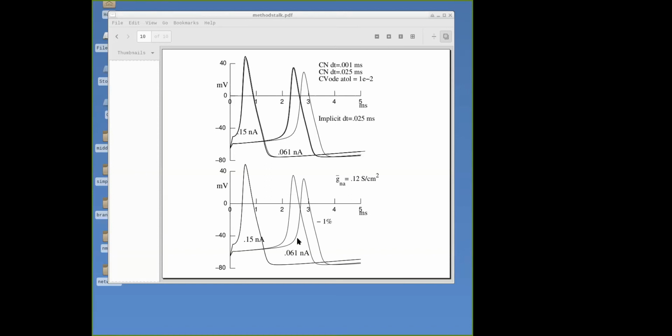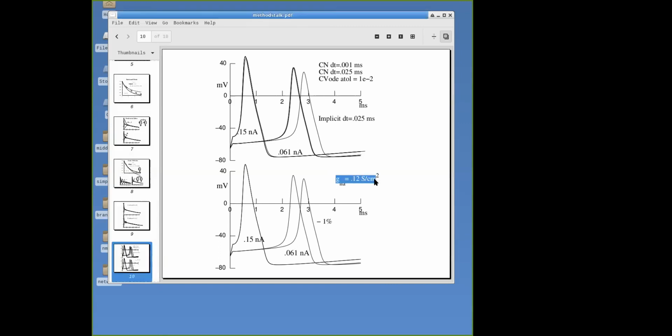With that 1% lower GNA bar, we get a solution that is significantly later. This difference in spike times is pretty comparable to the difference in spike times we saw here. But instead of being caused by a difference in integration methods, it's being caused by uncertainty in a parameter.